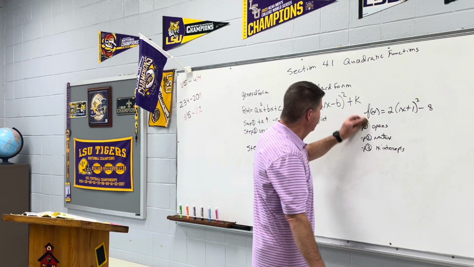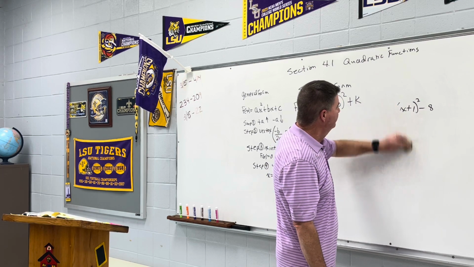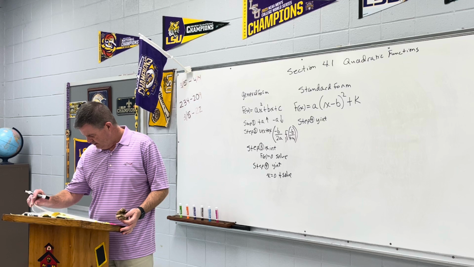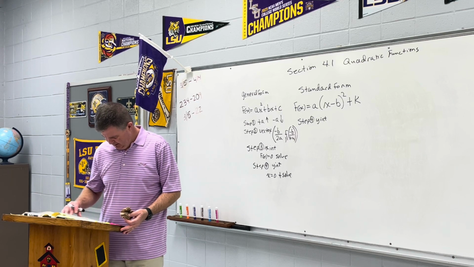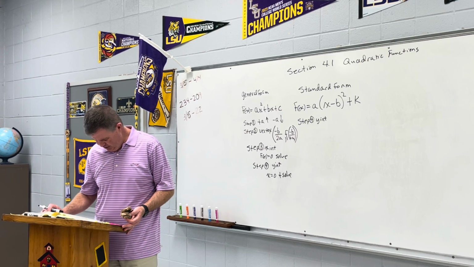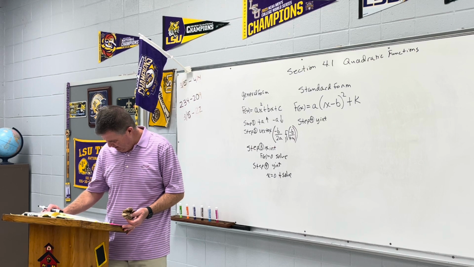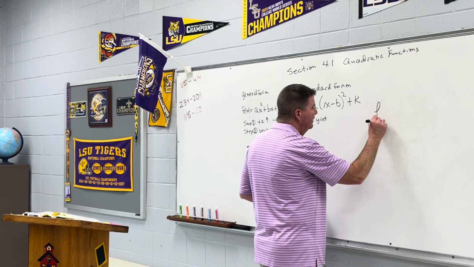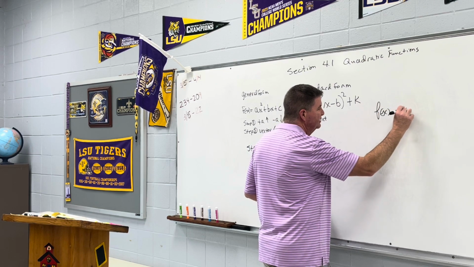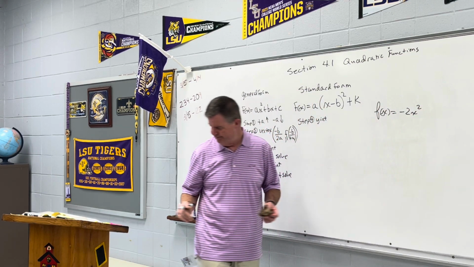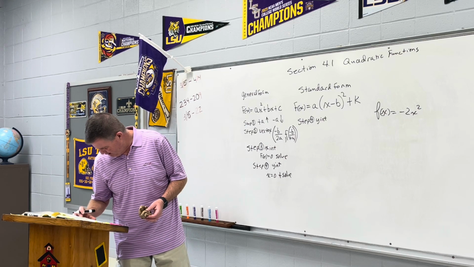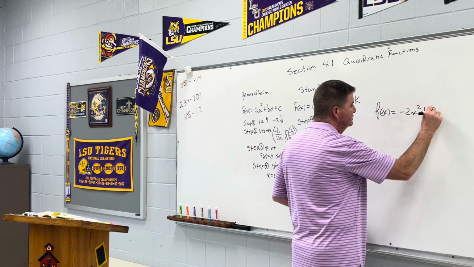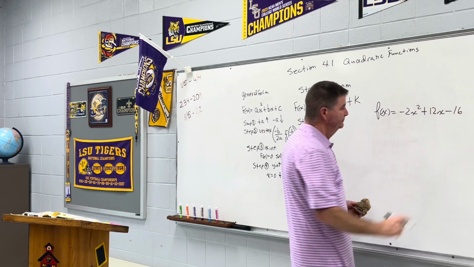So let's look at an example that has a general form. The first part of it says, just find the vertex. So I have f of x is equal to negative 2x squared plus 12x minus 16.